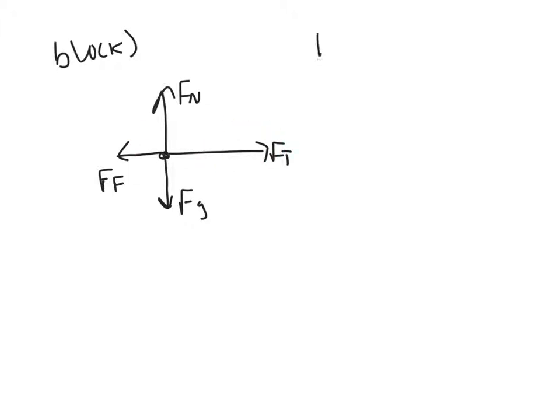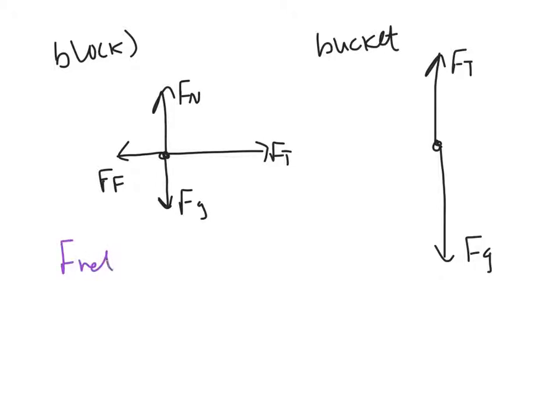If we look at the bucket, and this is the bucket now with the sand, the tension force is equal to the tension force of the block, and we have a longer gravitational force going down. So the net force equation for the block, I'm going to call this F net 1, equals right minus left, Ft minus Ff.